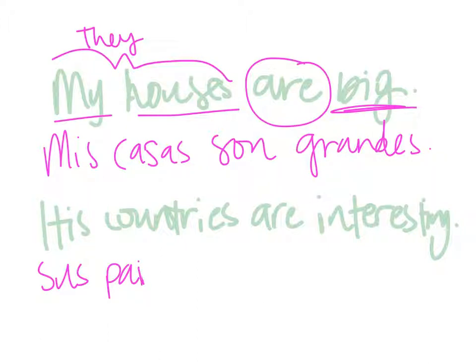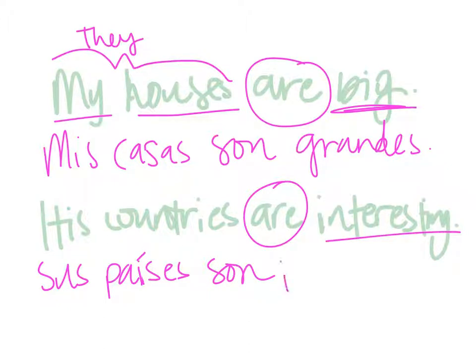In Spanish, when this makes it plural, the Z changes to an S. So sus países, again, verb is son, and this has to agree. So instead of interesante, it's going to be interesantes. All right.